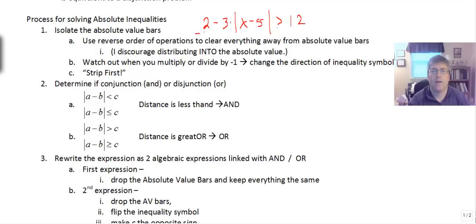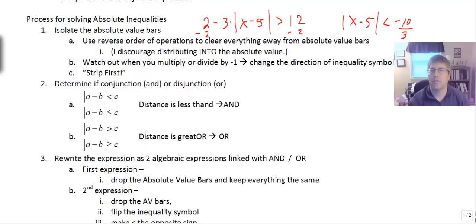We would want to subtract 2 from both sides. Then we'd want to divide by negative 3. Essentially, we want to strip everything away from the absolute value bars, so we get the absolute value of x minus 5 is less than, what is that going to be?